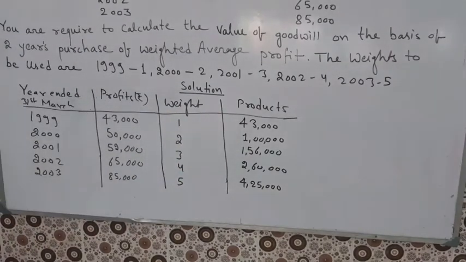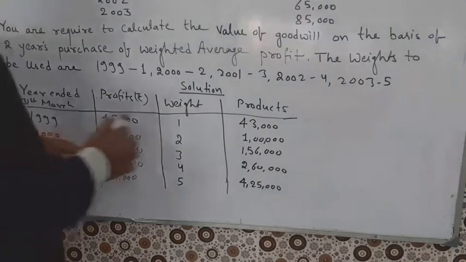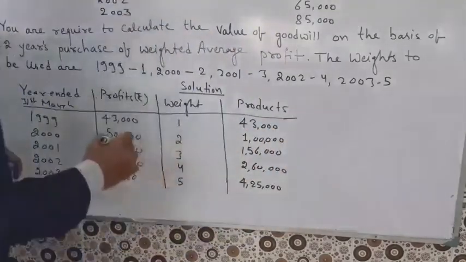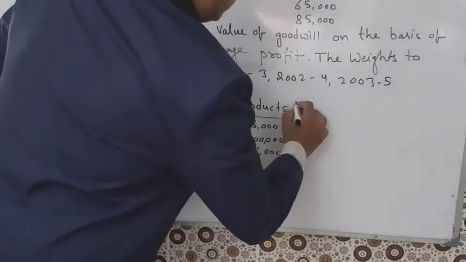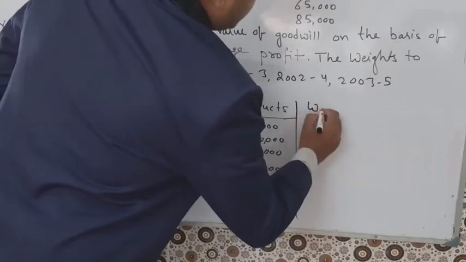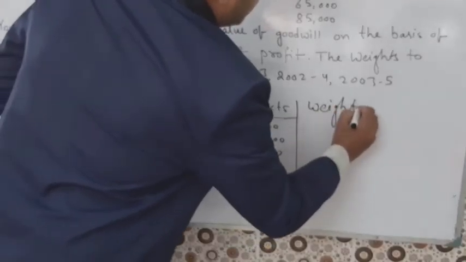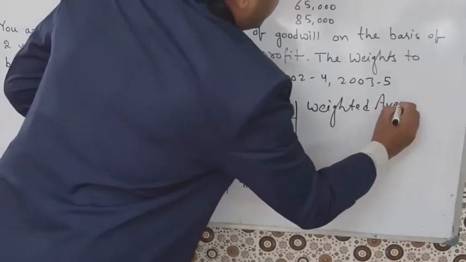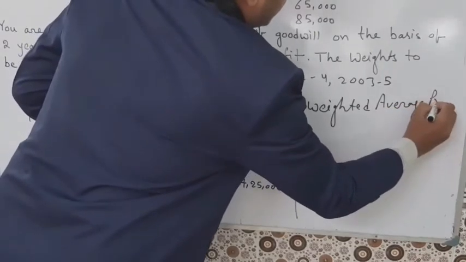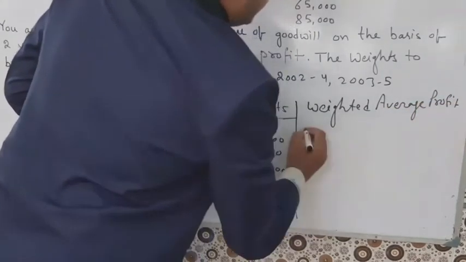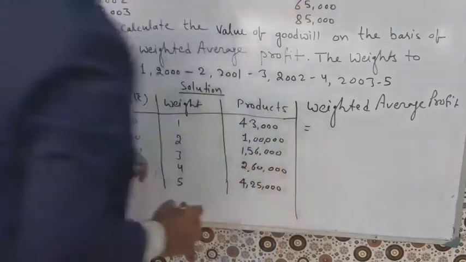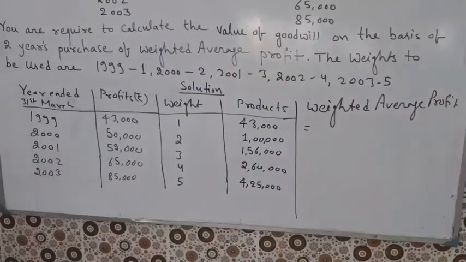We know very well the formula of the weighted average profit method. We already wrote the formula in the last class, and in this class we will just put in the formula and solve it.